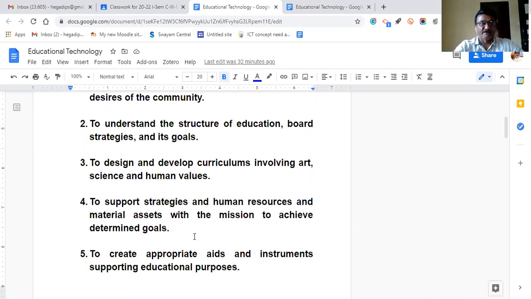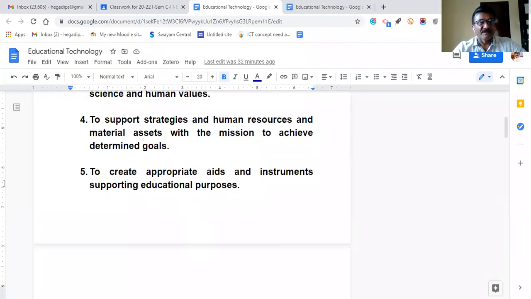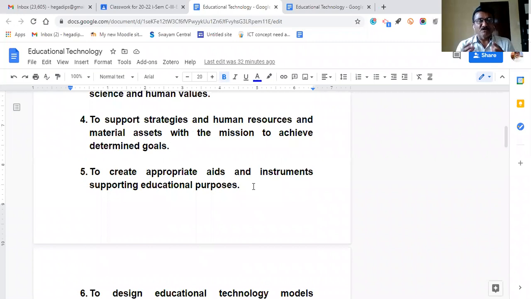Next one, to create appropriate aids and instruments supporting educational purposes. To create appropriate aids. This is most important. What does appropriate mean? That is the big question before us. Understand my point?